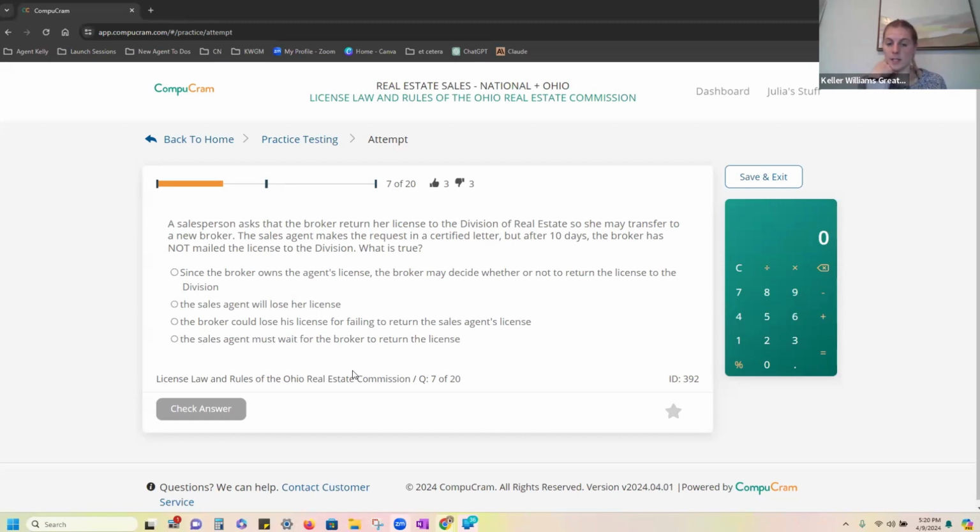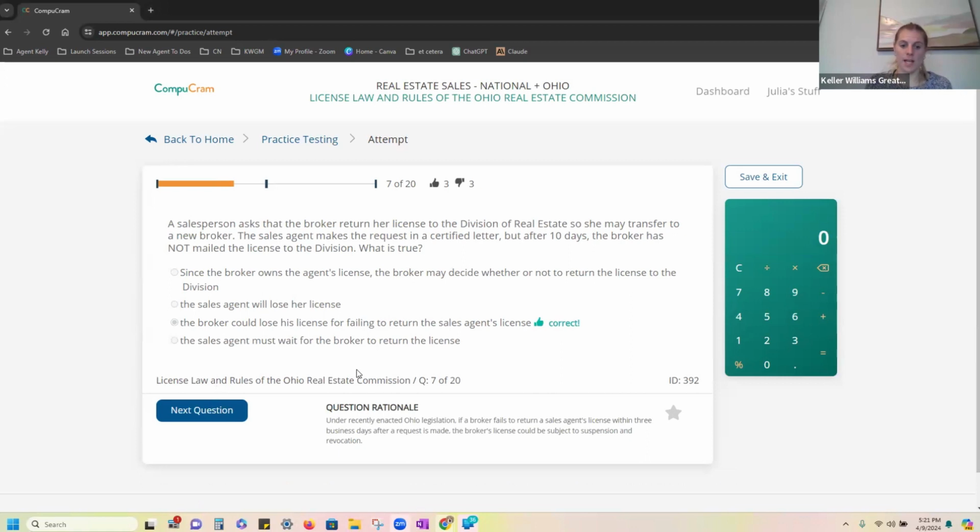In this case, the salesperson did their due diligence and requested that the broker transfer their license and sent a certified letter. So in that case, the broker could lose his license for failing to return the sales agent's license.